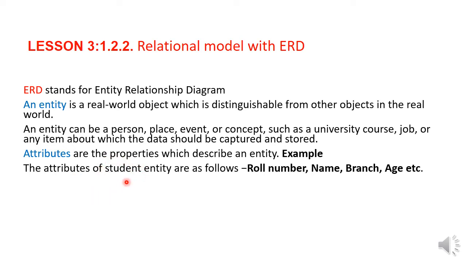What are the characteristics, or attributes, of a student? There are many properties of the entity student, but here we have mentioned roll number or ID number, student name, which should be first name and last name, branch or department, age, sex, and so on.